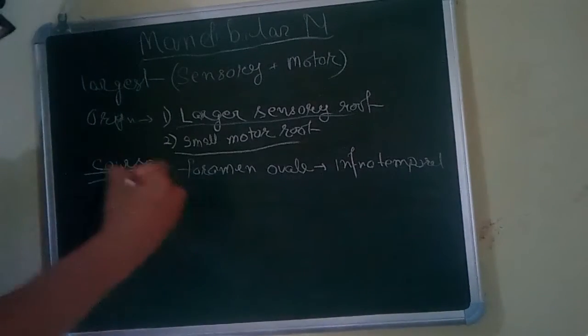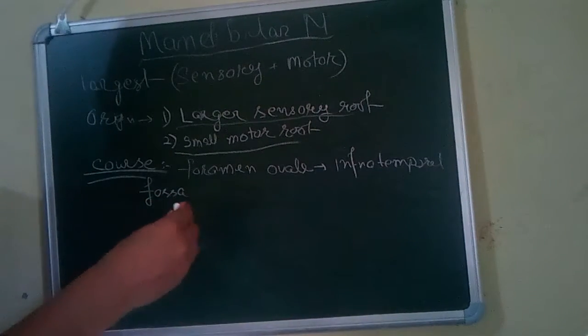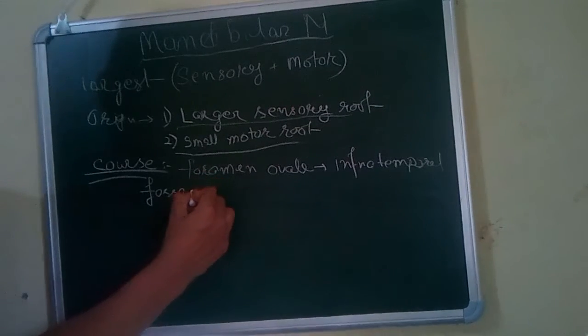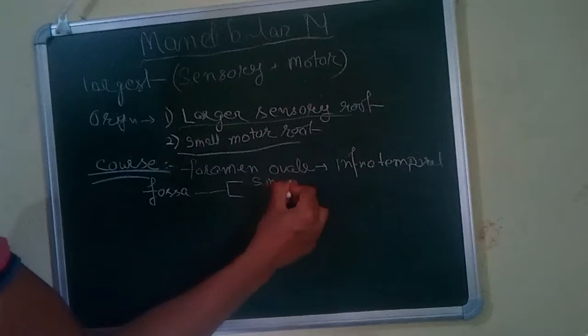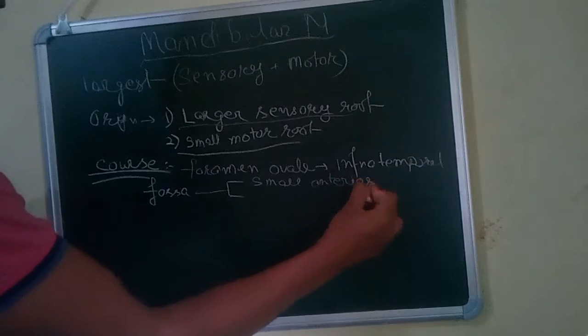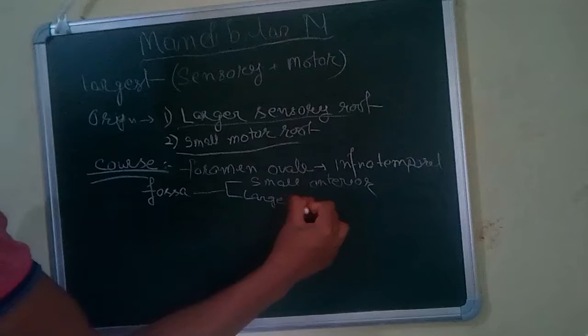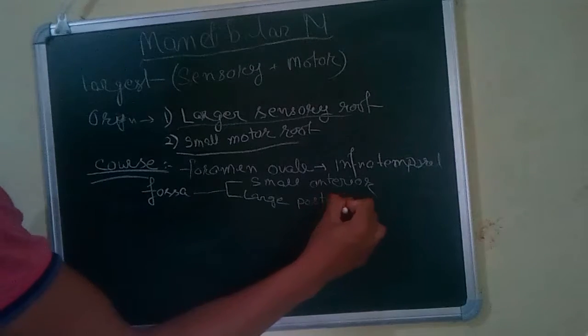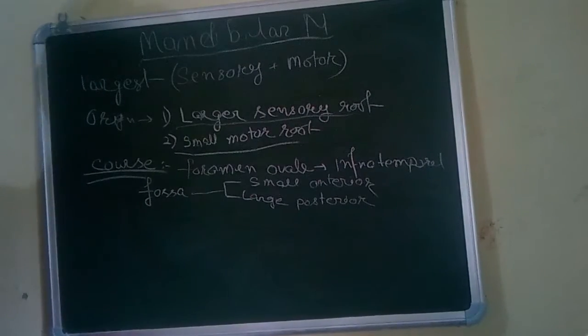After a short course, the main trunk divides into a small anterior and a large posterior division.